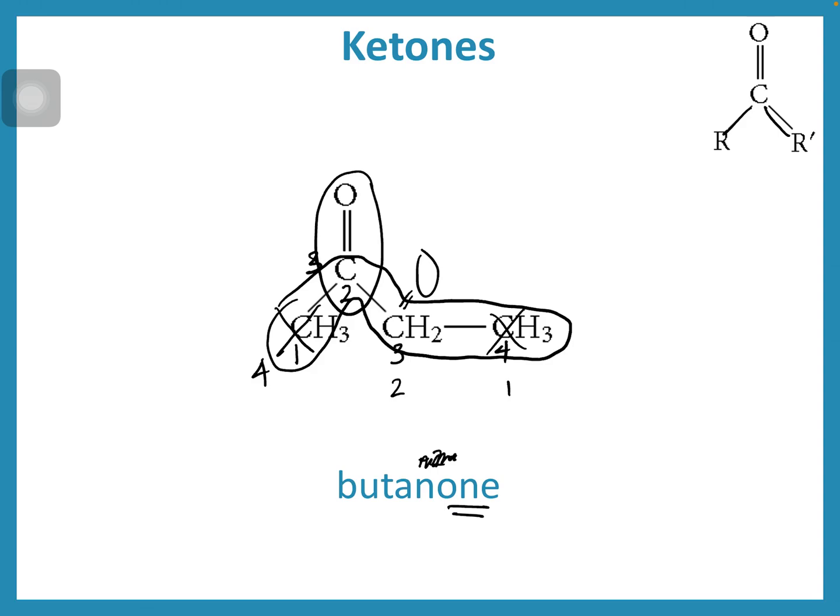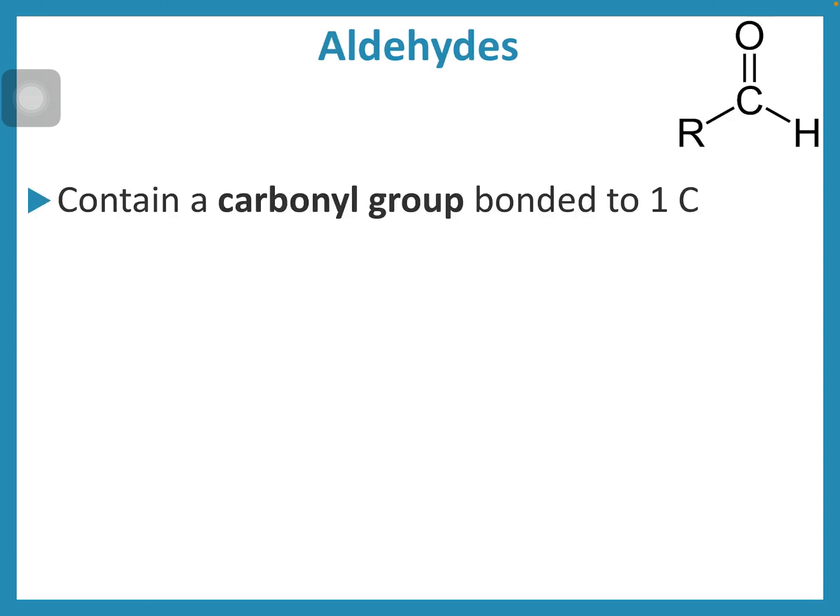Okay, so aldehydes are also a carbonyl group, a double bond O, but they are going to be on a carbon that is at the end of a chain. So this time the carbon is only attached to one other carbon, which means it only has 3 bonds between the other carbon and the bonds to the oxygen, and so it's also going to have a hydrogen.